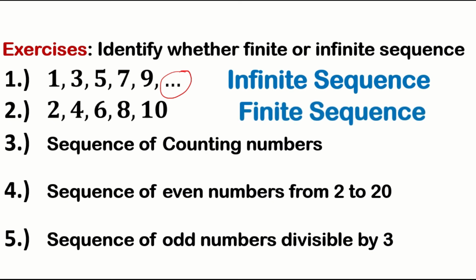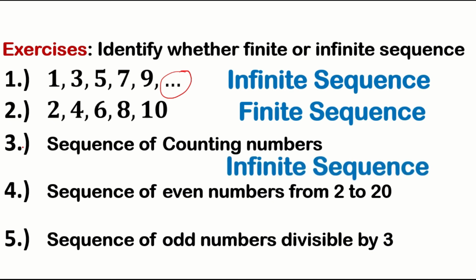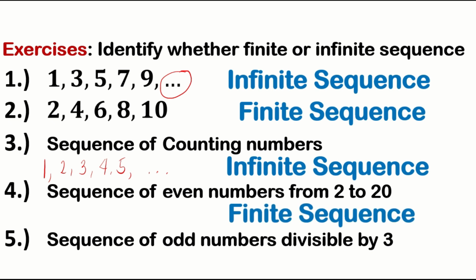Number 3. A sequence of counting numbers is an infinite sequence: 1, 2, 3, 4, 5, and so on. Number 4. The sequence of even numbers from 2 to 20 is a finite sequence. And number 5.